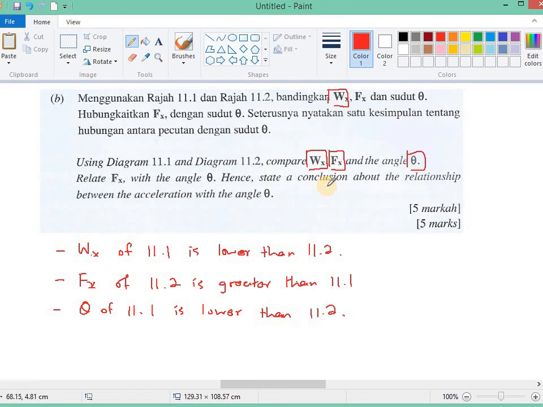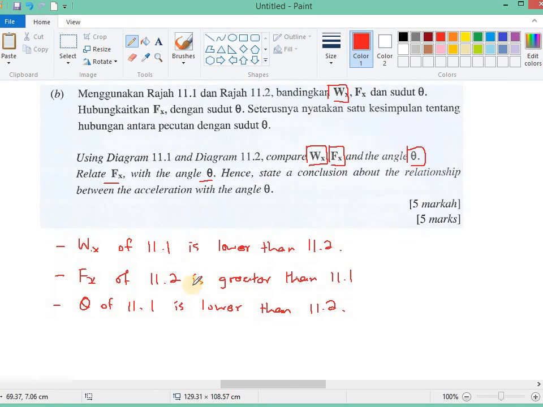State a conclusion when we relate Fx with angle theta. The greater the Fx, the greater the angle.